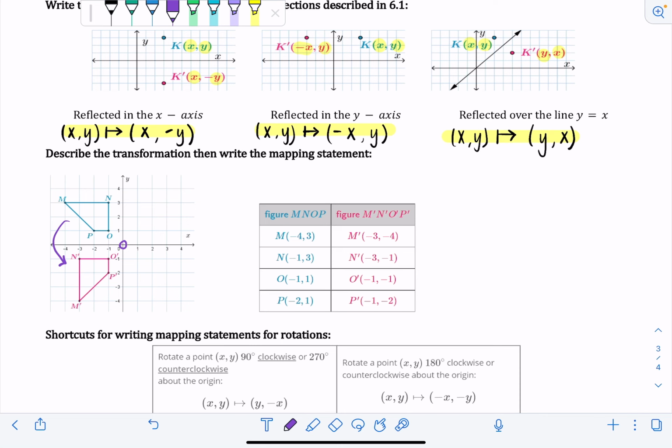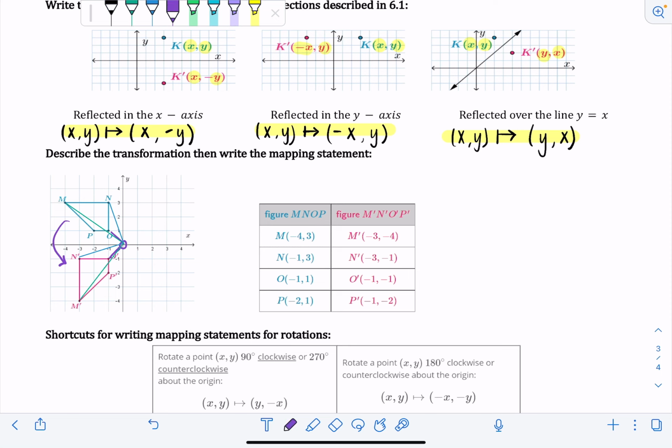So if I have a segment from the center of rotation to O, and then that segment over here to O prime, that looks like a right angle. And I'm going to test that theory with N and N prime. That's another right angle. With M and M prime, another right angle.